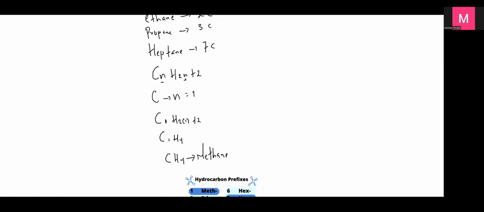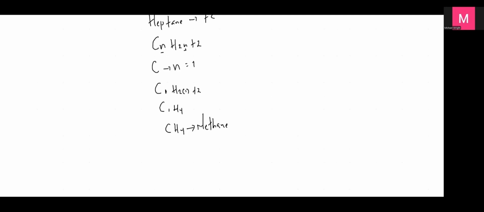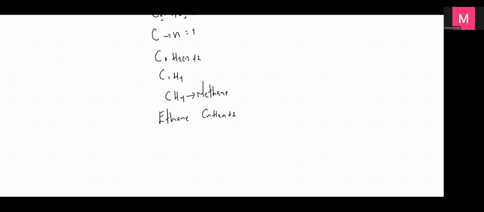Right? So I'm gonna assign you an exercise. You'll try to do it. So what about ethane? How would you represent this if you know that the molecular formula is CnH2n plus 2? So I say that ethane contains 2 carbon atoms.